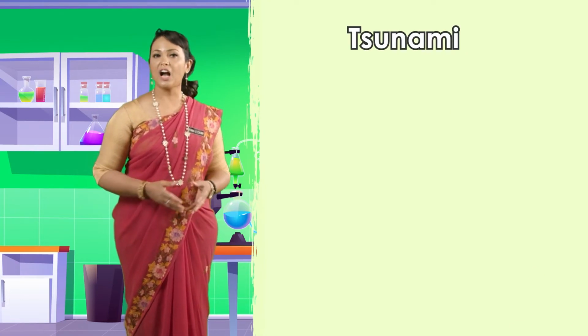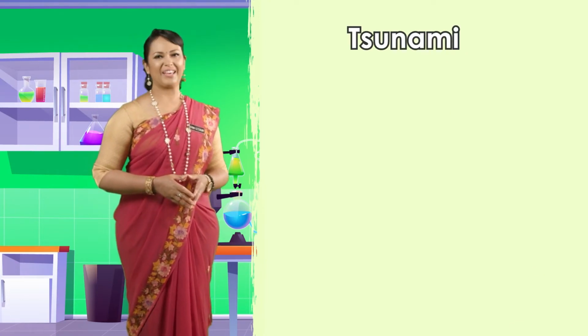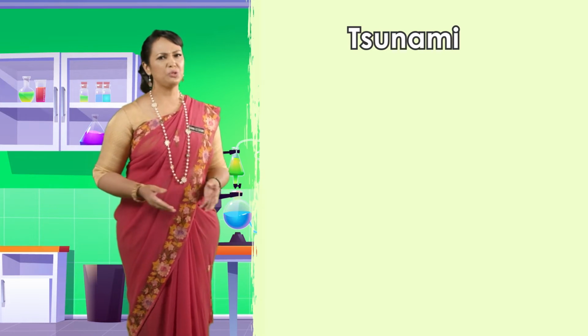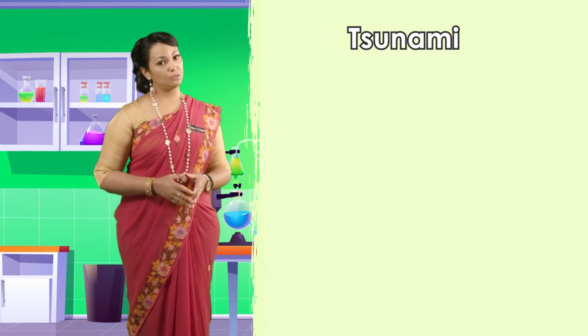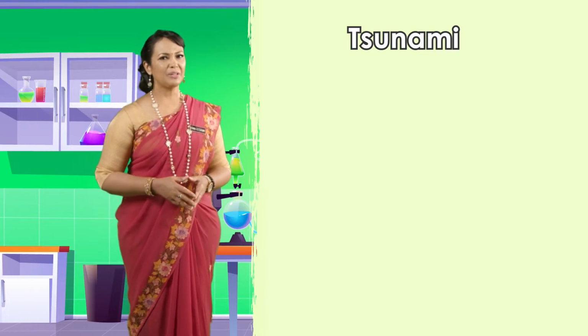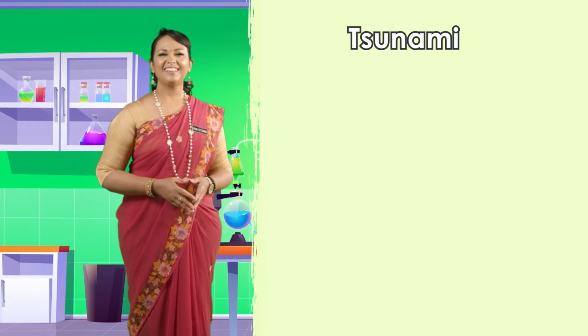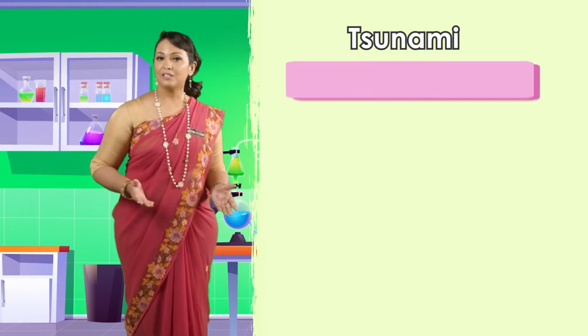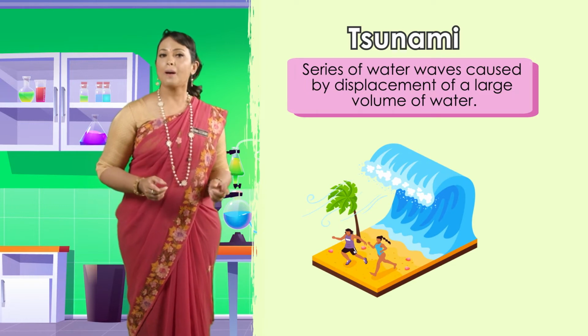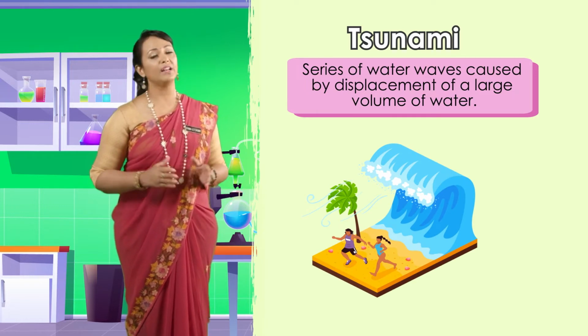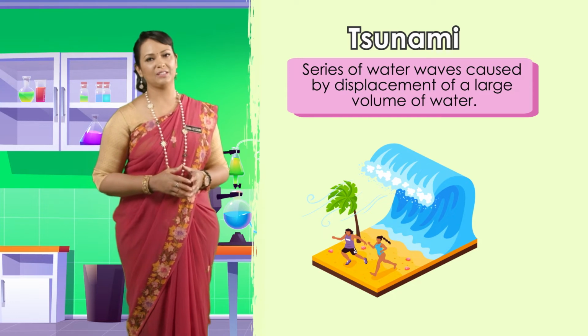Now, let's talk about tsunamis, which are also called big waves. I'm sure all of you pupils out there know what a tsunami is. Can you tell me what it is? Yes, excellent. A tsunami is a series of water waves caused by the displacement of a large volume of water.